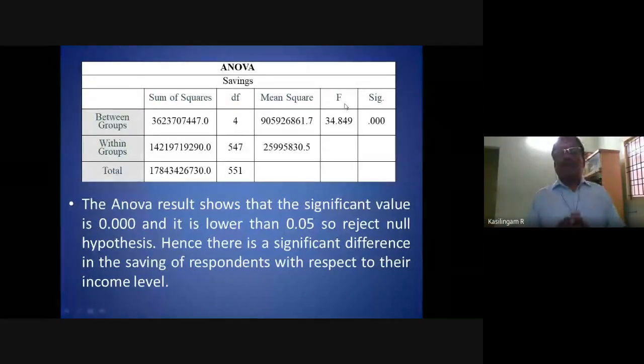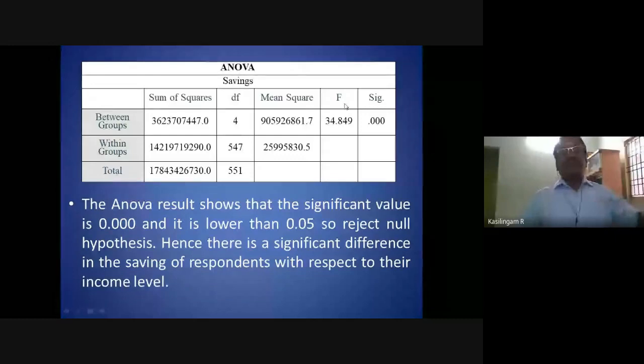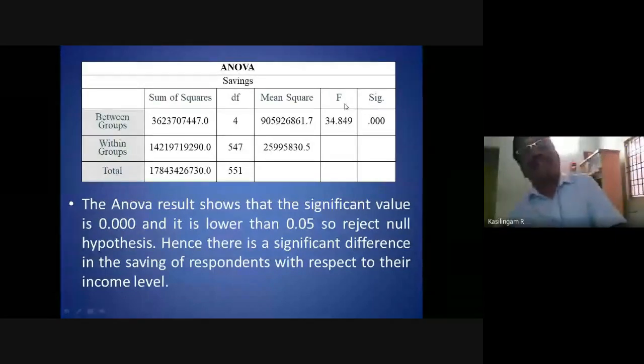So you have to write the F value along with the degrees of freedom. You need not specify degrees of freedom separately. If you put it within brackets, it is presumed, the reader will understand. When you put F within bracket 4 comma 547, they will know the between groups degrees of freedom is 4 and the within group degrees of freedom is 547.